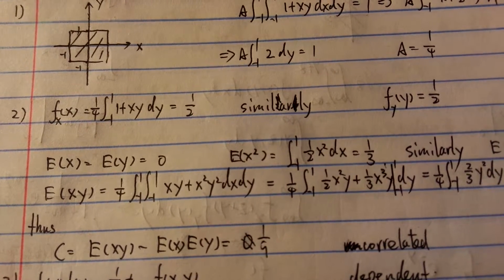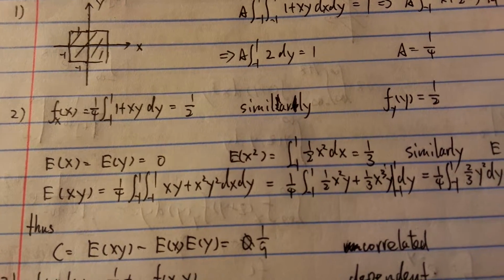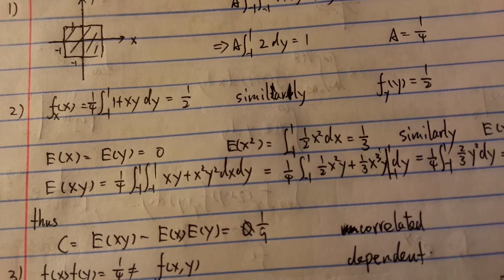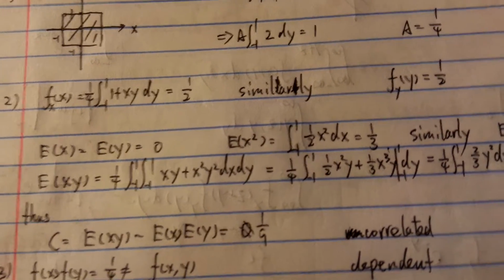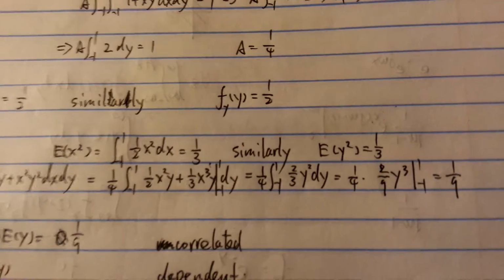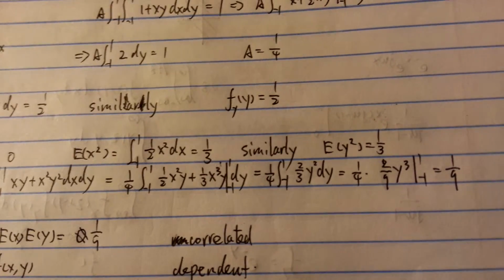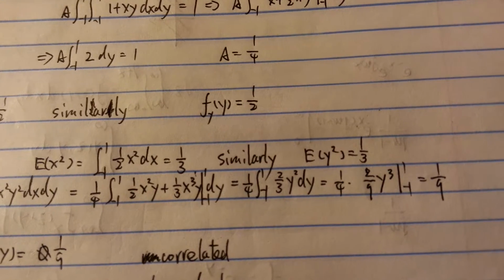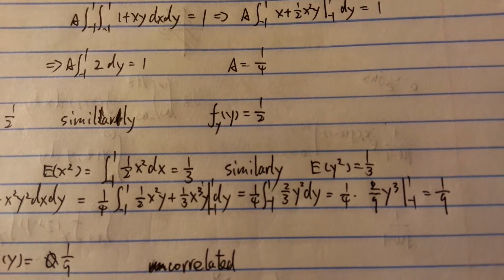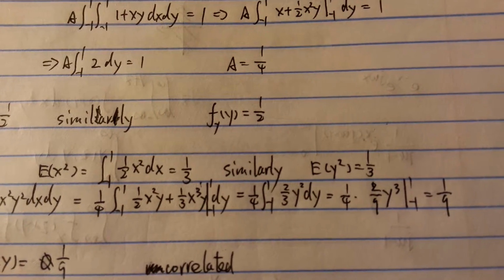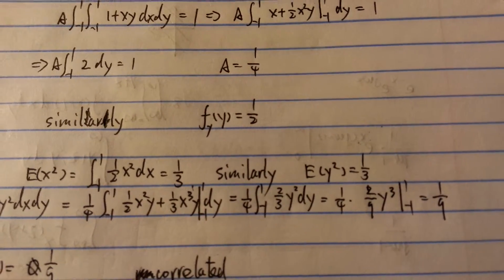If we want to deal with correlated or uncorrelated, we need to find the correlation coefficient. So I decided to find the variance of x and the variance of y. So I also calculated the expectation of x squared and y squared.